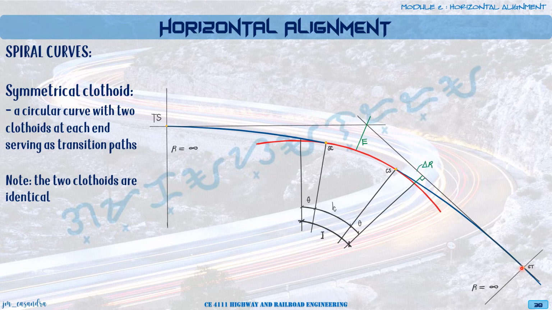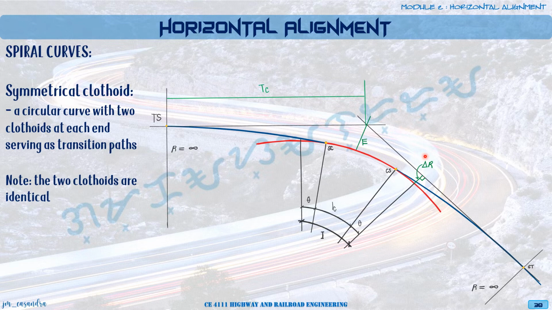And then we have the distance between the end of the original circular curve and the tangent of the spiral. It should be the perpendicular distance to the tangent. So it is delta r.